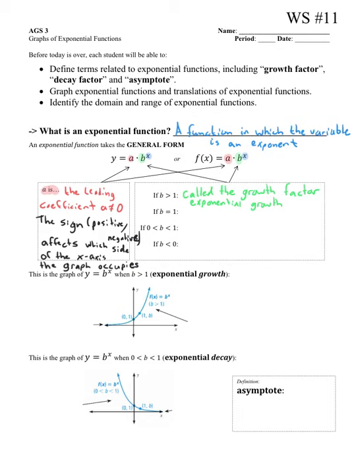There's another situation where b equals 1, and when b equals 1, it's not really an exponential function. So we don't like it when b equals 1. That would just become a constant function.